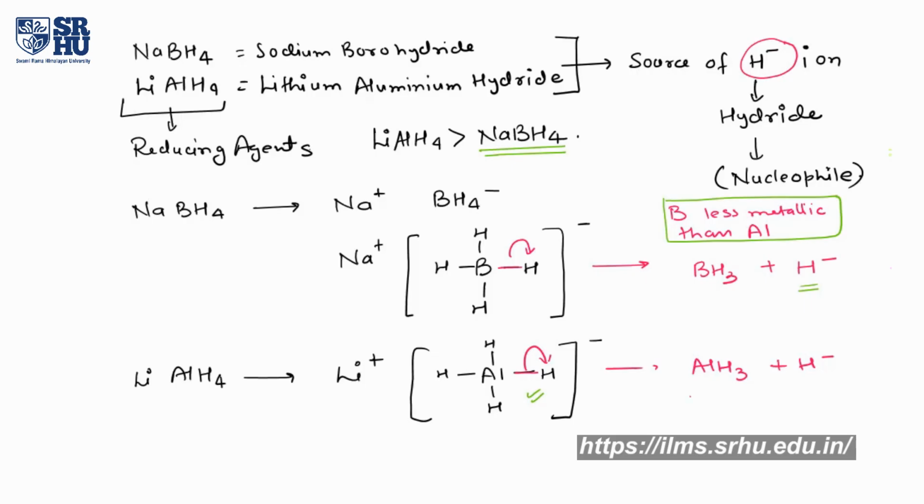So obviously LiAlH4 is a stronger reducing agent because aluminium is a metal and it has a greater tendency to release its electron to hydride ion. Hence it will easily release this H negative ion faster, and hence it becomes a stronger reducing agent.